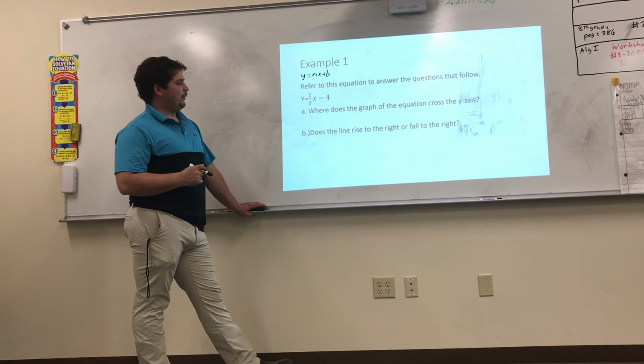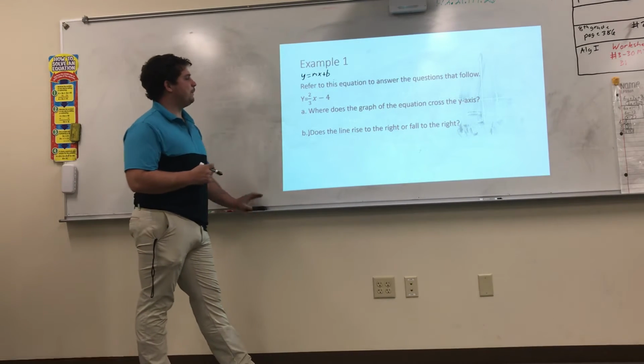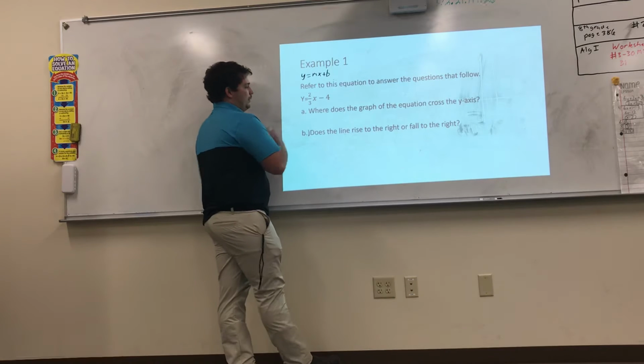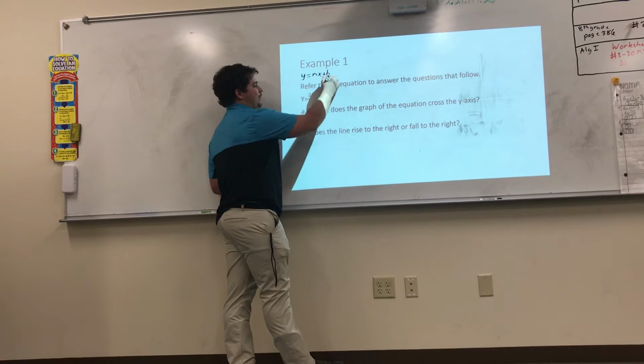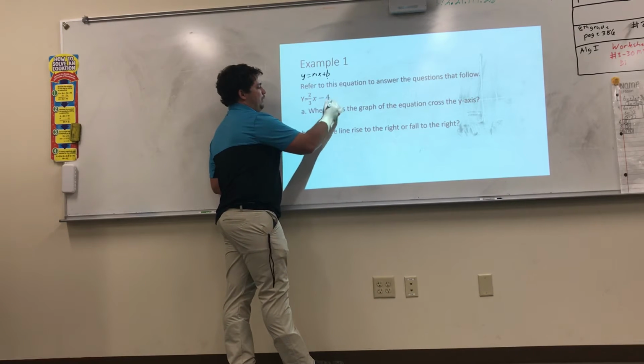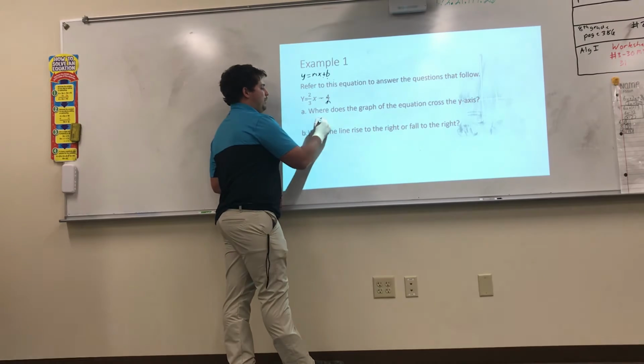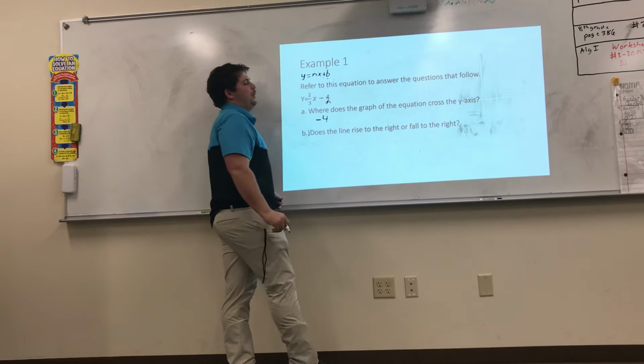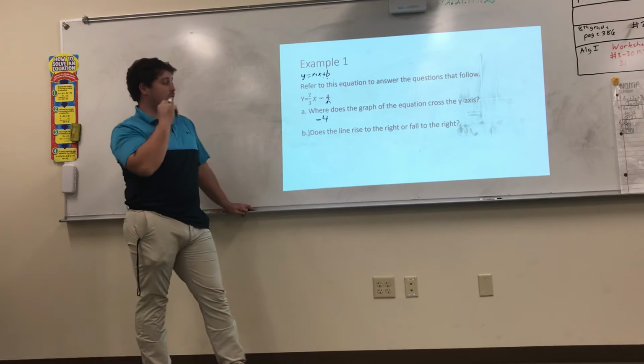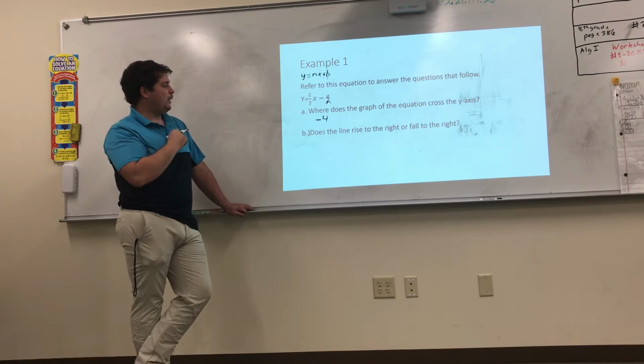Where does the graph of the equation cross the y-axis? Which one of these is our y-intercept? It's our b, so it has to be here. In this case, it's minus 4. The formula is plus, so that means this has to be a negative 4. We're going to cross the y-axis at negative 4.